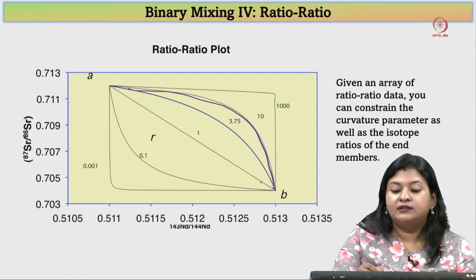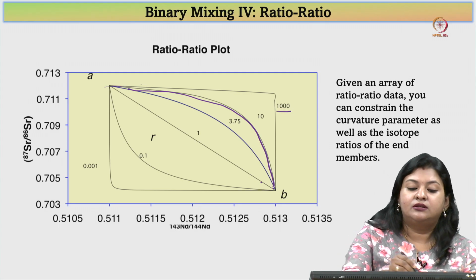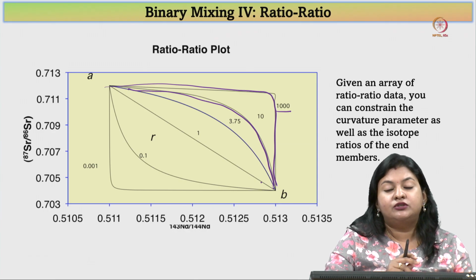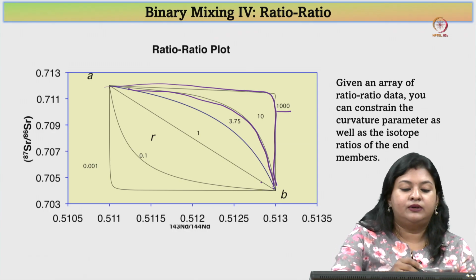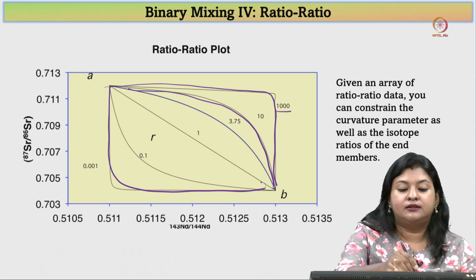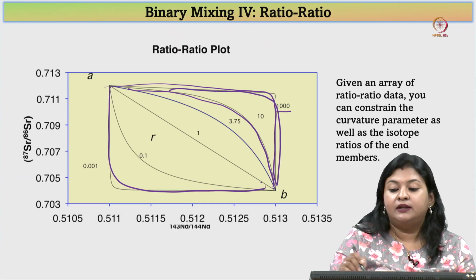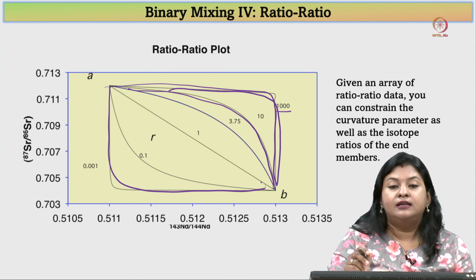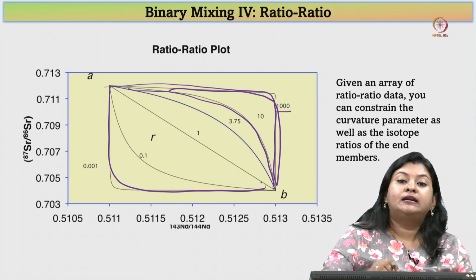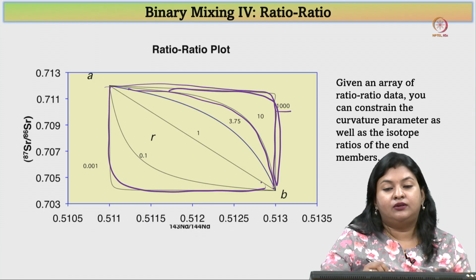If the R value is 1000, just this kind of curvature. So, depending on the R value, you can have this or this kind of curvature, right. So, understanding this curvature is very important for you to correctly do the mixing calculations.